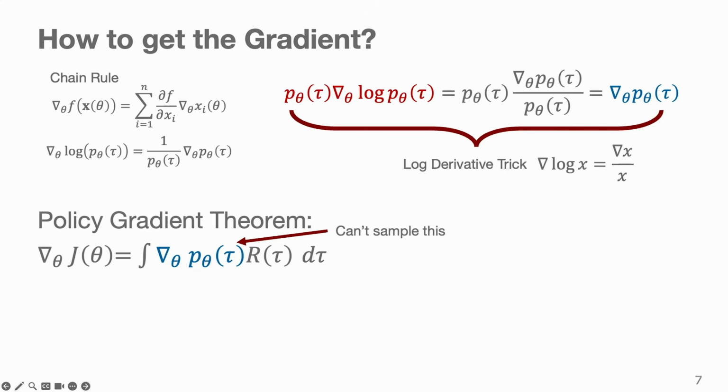For this, we use what is called the log derivative trick. If you remember, the derivative of a log is 1 over the argument, and with the chain rule, we get this very nice identity on the top right.